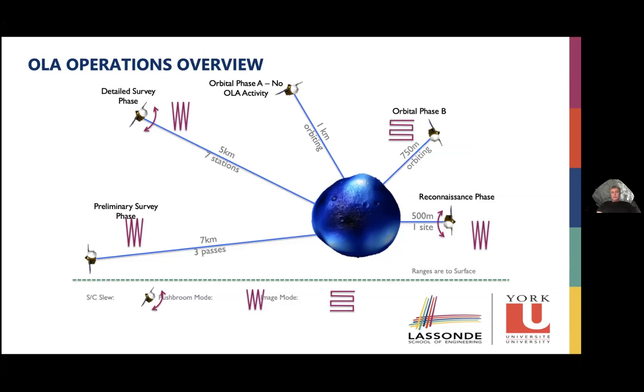But if you think about orbital ground track velocities around a small asteroid like this, they're not in the 7 kilometers per second range like they would be around Earth, but more like 20 centimeters per second. So if you had a LiDAR like OLA that couldn't point, you'd have a problem where you have a very, very fine track of measurements overlapping one another at 10,000 times per second, but you would never get global coverage of the asteroid.